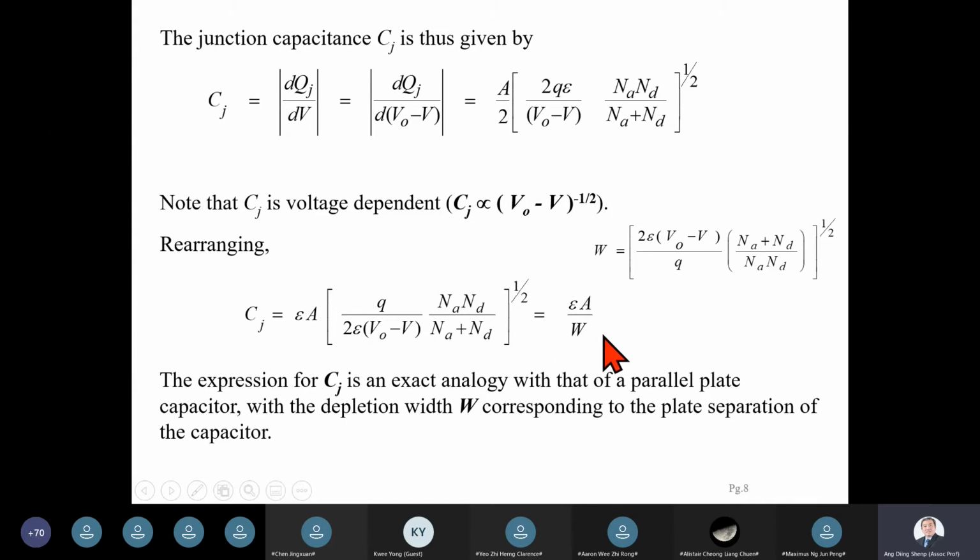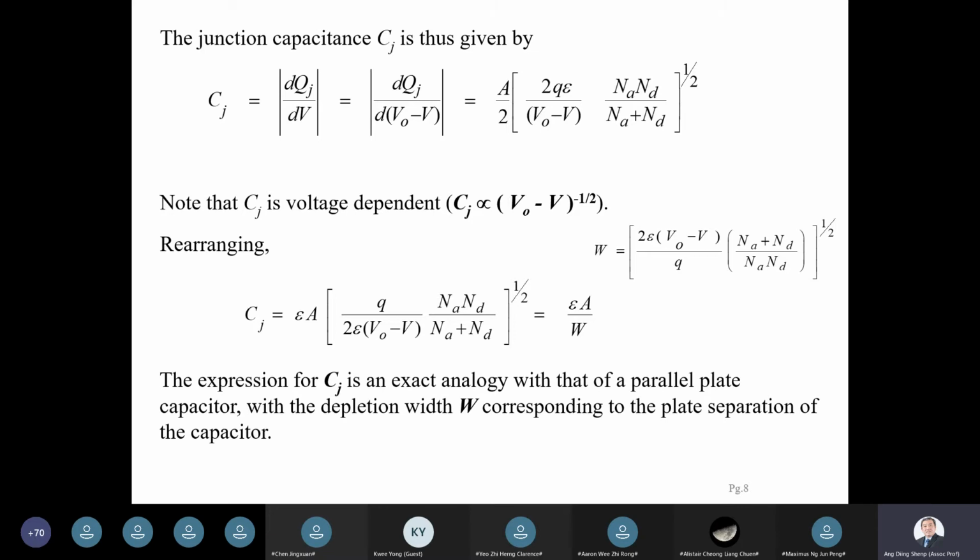In this case, the Cj expression has identical form: epsilon times the cross-sectional area A of the diode divided by W. W represents some distance, so it's very similar to that of a parallel plate. W in fact can be regarded as the separation between two plates inside the PN junction.